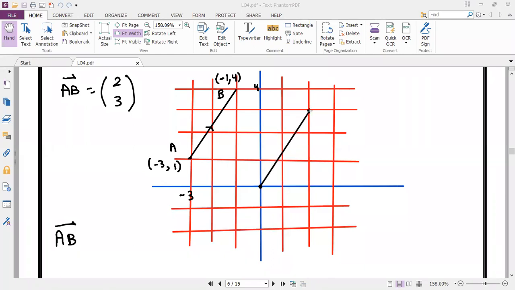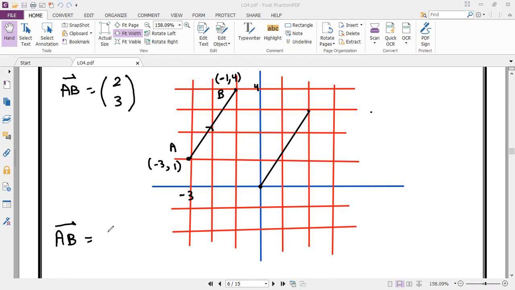This is a way to find the position vector: just find how many units you moved across x and how many units you moved up across y.